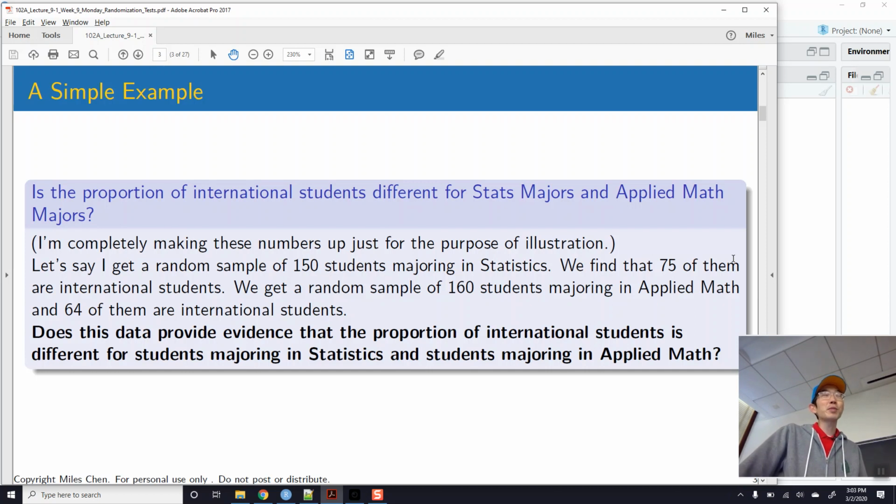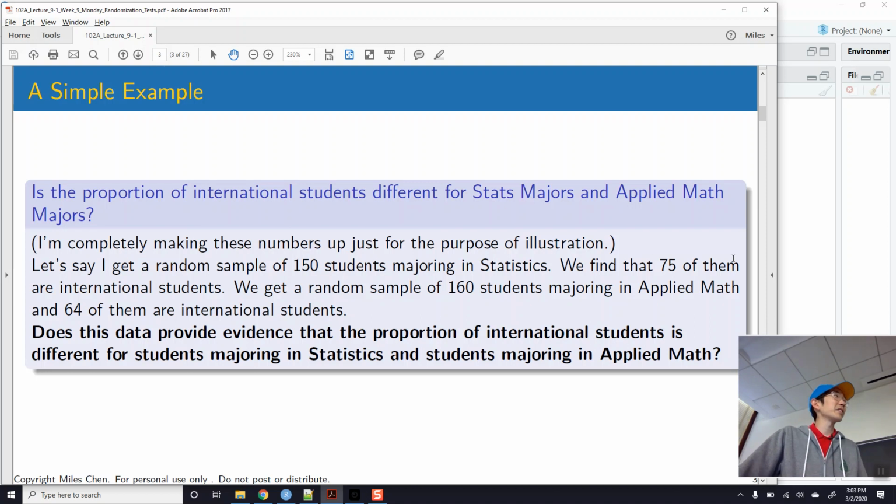Then we get a random sample of 160 students majoring in applied math, and 64 of them are international. So the question is, does this provide evidence that the proportion of international students is different for students majoring in statistics and students majoring in applied math?